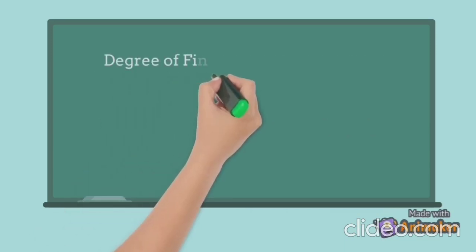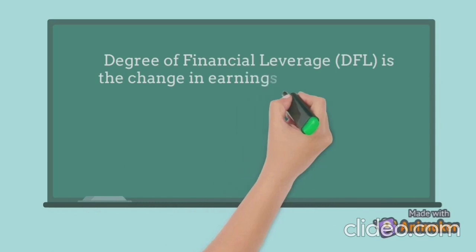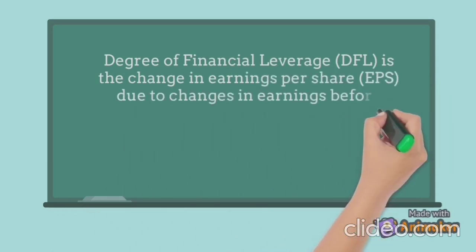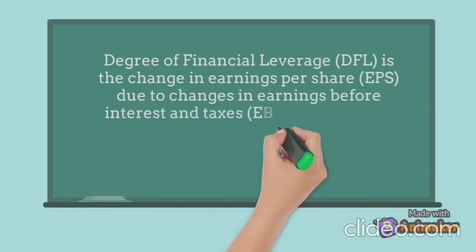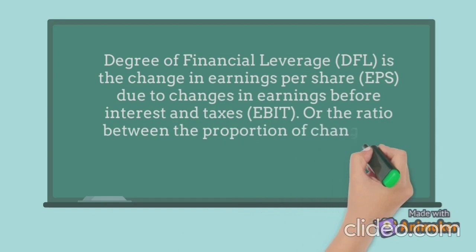Degree of financial leverage is the change in earnings per share due to changes in earnings before interest and taxes, or the ratio between the proportion of changes in EPS compared to the proportion of changes in EBIT.